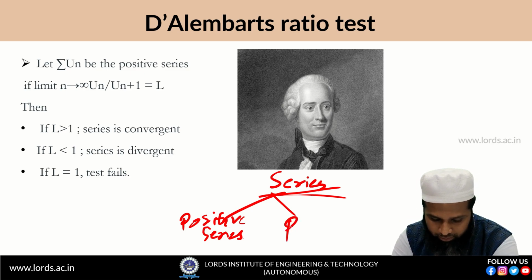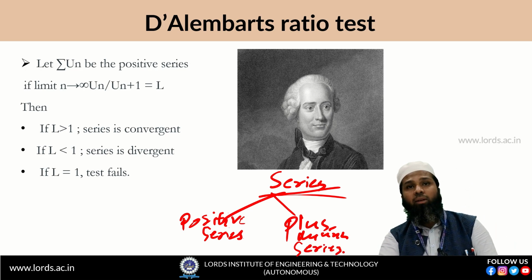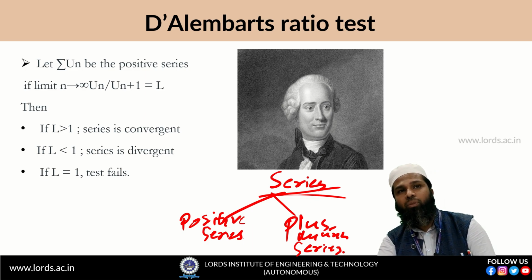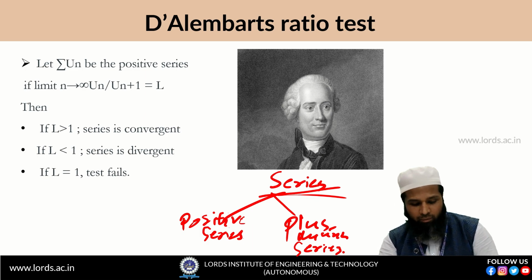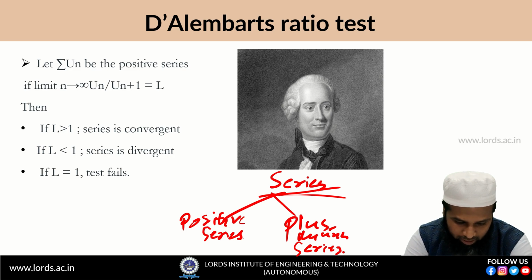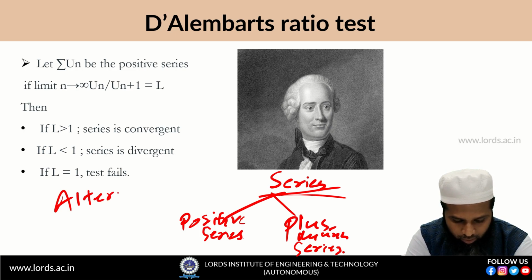Plus minus series. The series which has plus and minus signs is called the plus minus series. And we have a special case of the plus minus series, which we call the alternating series.